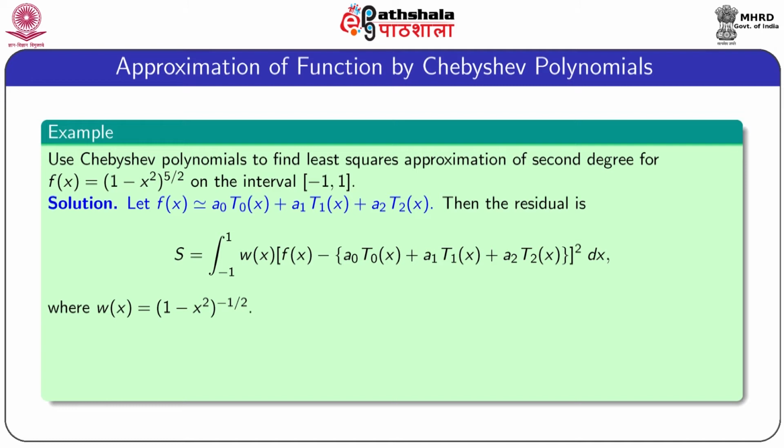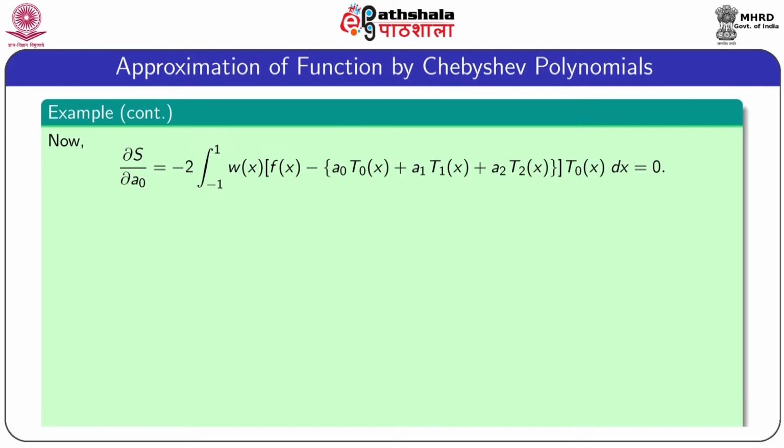This is the weight function for Chebyshev polynomials. For minimum S, we have to differentiate S with respect to a0, a1 and a2. That means del S del a0 equals 0, del S del a1 equals 0, and del S del a2 equals 0. So, these are the normal equations to minimize S or to find the values of a0, a1 and a2.